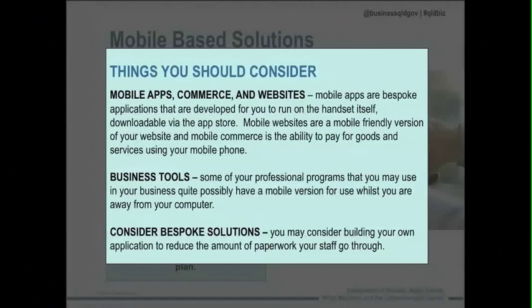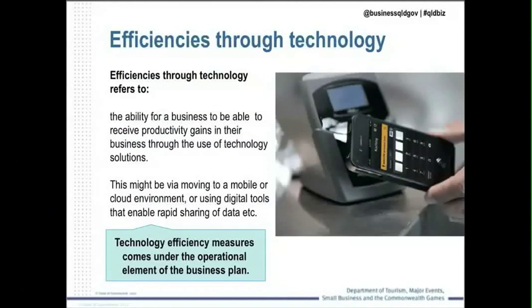The next part of a digital strategy is efficiencies that can be gained through technology. There's a whole heap of different things that you might want to consider that technology has provided us, which build and boost productivity internally. A couple of things you might want to consider are things like moving to cloud-based accounting solutions.